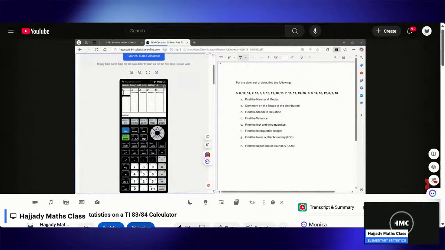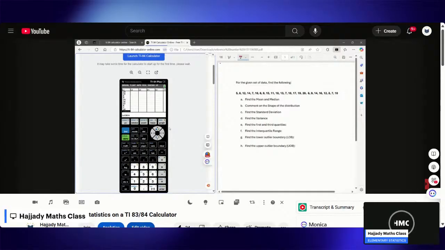Let's plug in the data set. 8, 12, 14, 7, 10, 7, 10, 17, 19, 20, 6, 9, 14, 16, 12, 8, 7, and 10. So in total we have 25 values.